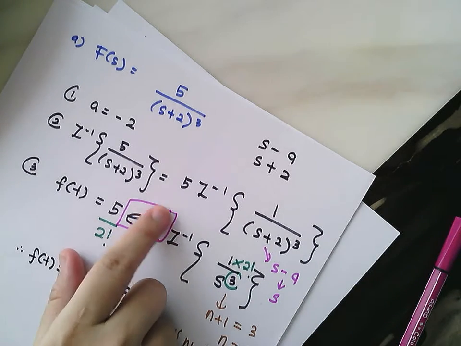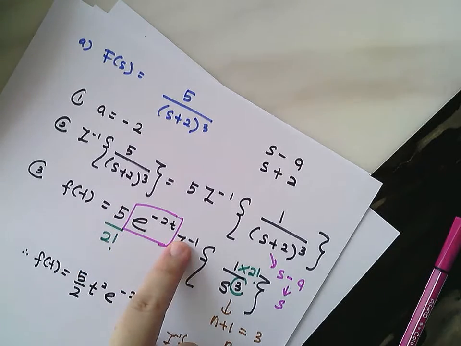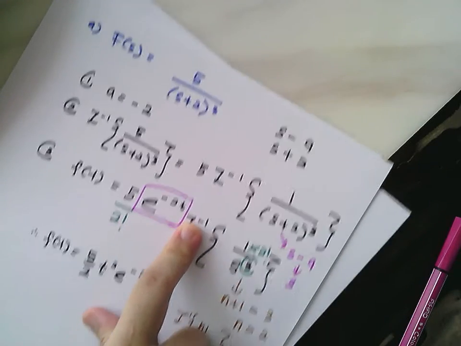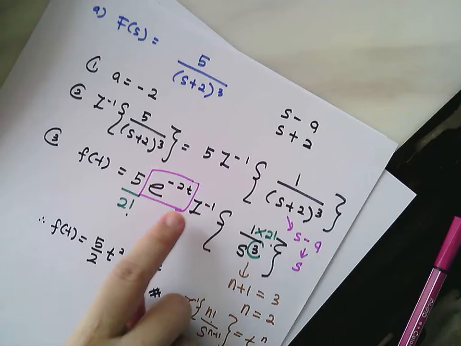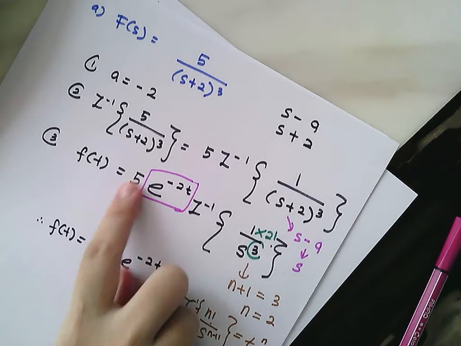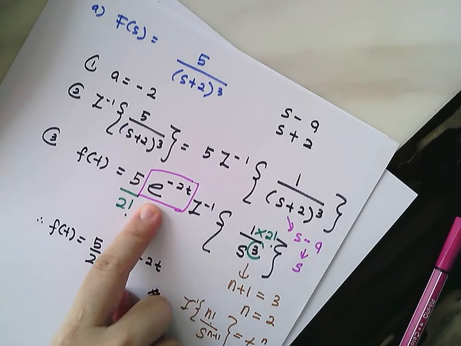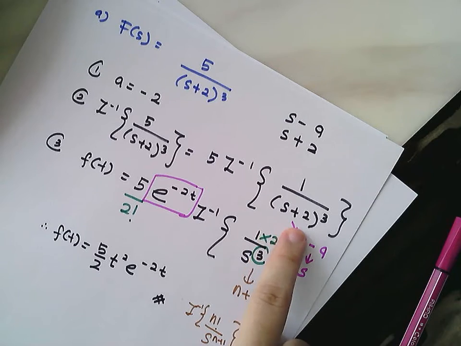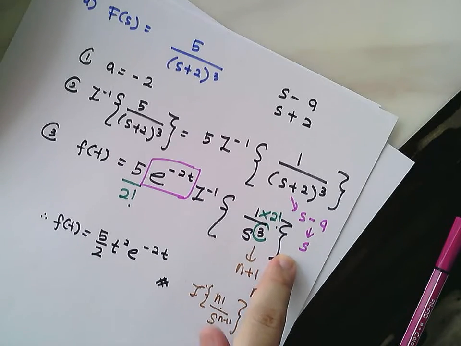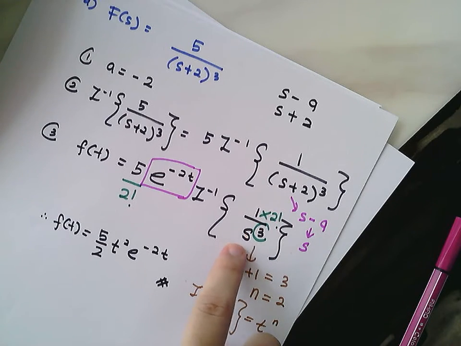Okay, so therefore you just need to find the inverse of, since you already have the exponential term here, s minus a will be replaced by s. So you will have 1 over s cubed.